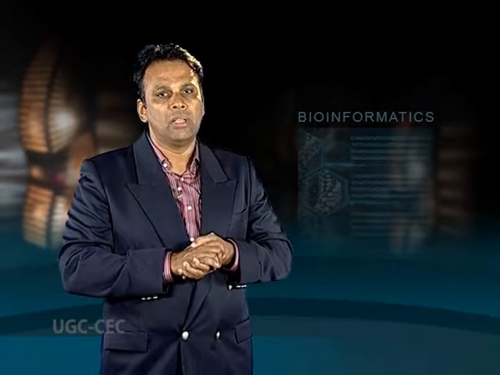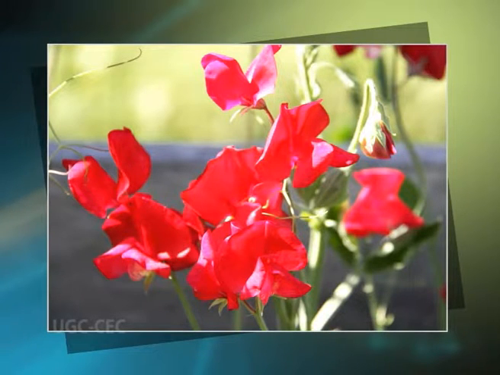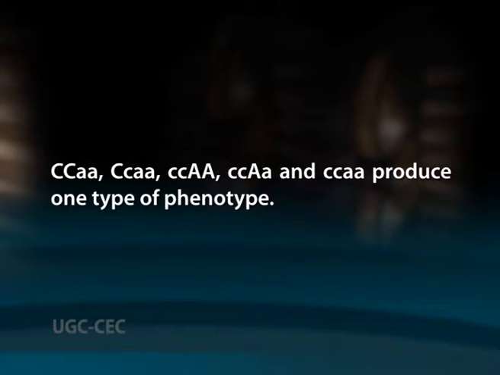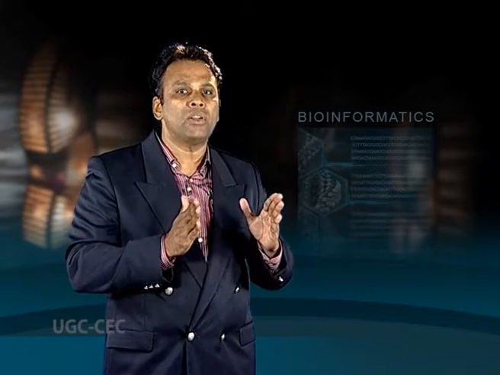For example, flower color in Lathyrus odoratus, which is the sweet pea, is determined by two genes. In this case, the genotypes CCaa, ccAA, and ccaa produce one type of phenotype because of the complementary action of these genes.